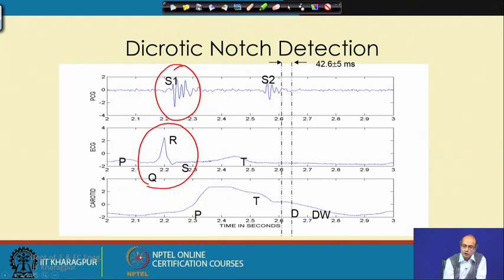If they have not closed properly, some blood can backflow, and that will give rise to some sound. So, all such things will be depicted in the S1 sound or S1 vibration.